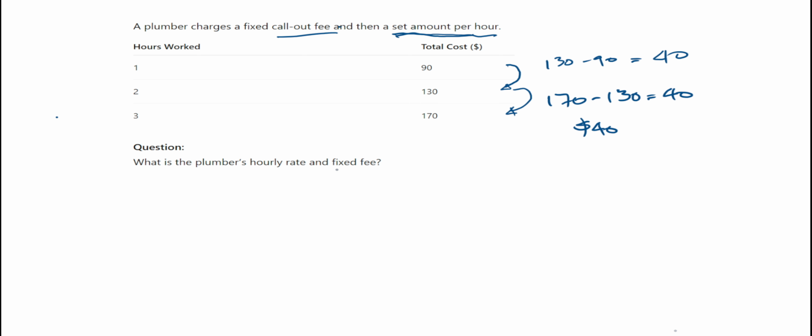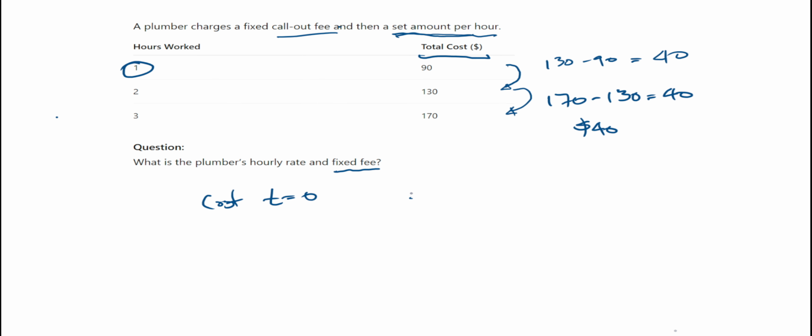And then it says, what is the fixed fee? Well, the fixed fee is the cost. Notice this is total cost. It is the cost when time is 0, and it doesn't give us that. It gives us that it starts at t equals 1. So we're going to have to go back an hour of what they've given you. But we know that it's $40.